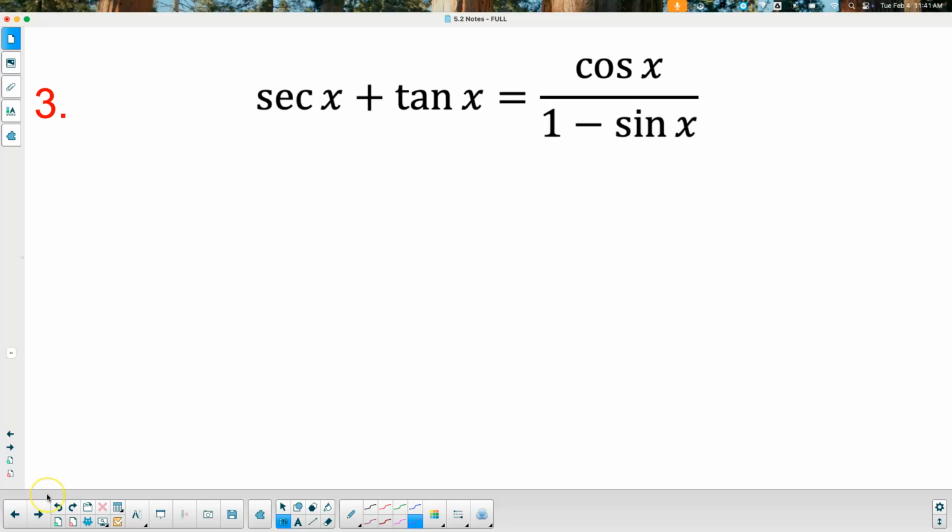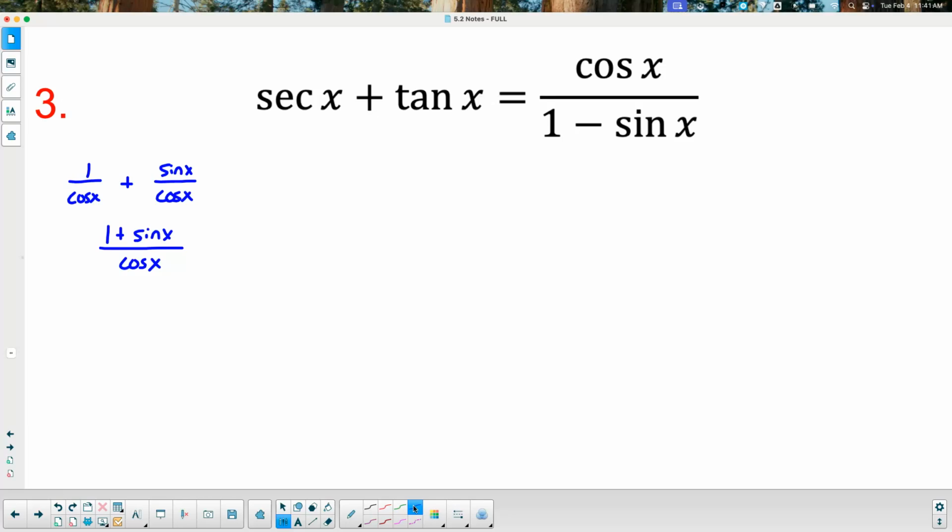All right, for you left-siders, secant would become 1 over cosine. Tangent would become sine over cosine. All told, that becomes 1 plus sine over cosine. Correct? Okay?